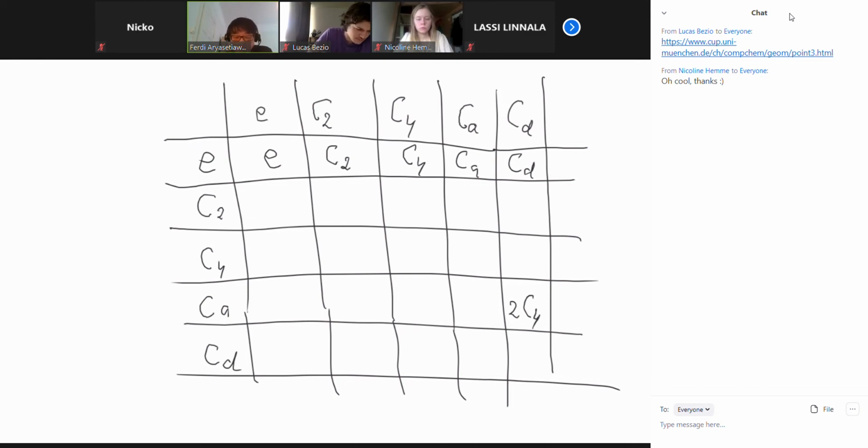If you multiply C2 and C2, then you will find that it's equal to E plus C2. You can check that. This is what I have in my solution here. So I might make a mistake, of course. You can check. So you multiply C2 and C4, you get C4.